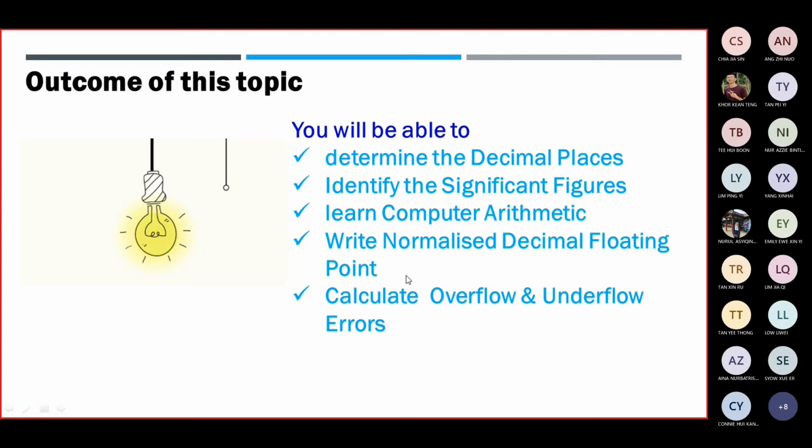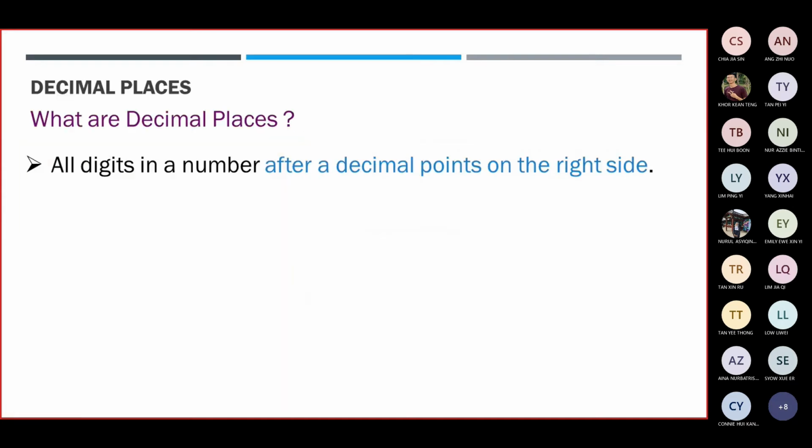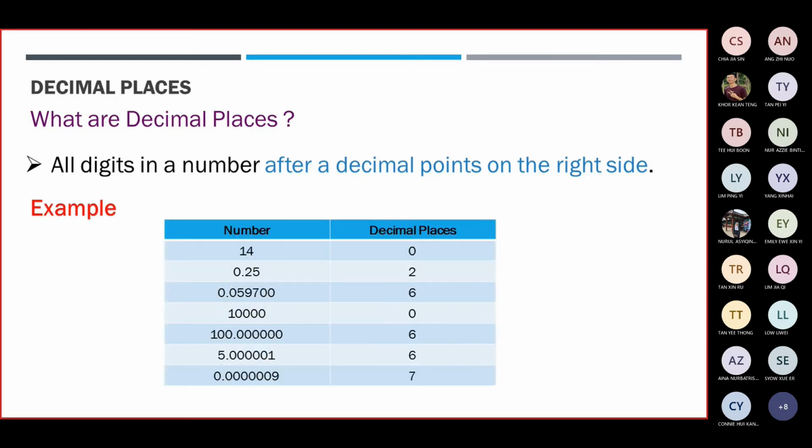What does decimal places mean? As you know, these are all the digits after the decimal point on the right hand side. If any number has a dot followed by any digits, we call them decimal numbers or decimal places. As you can see in some examples here, the first number is 14.